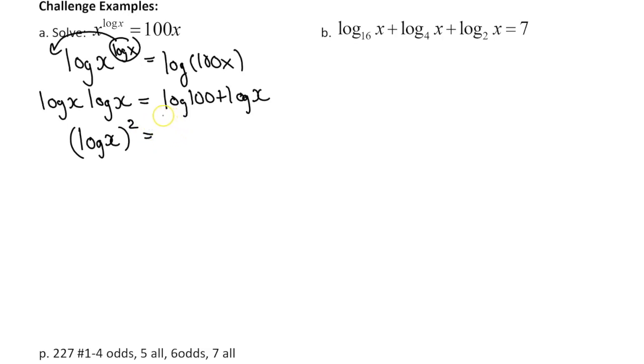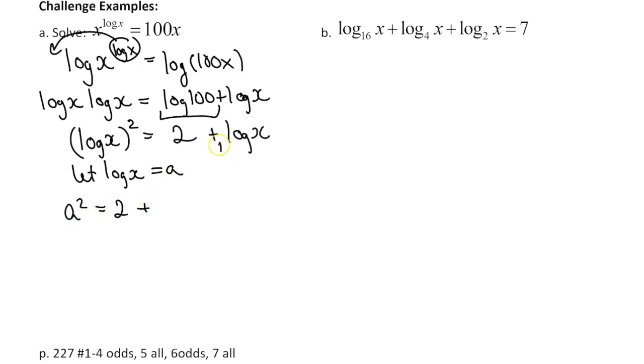And it would equal log 100, which I'm just going to say is 2, plus log x. But now instead of saying log x, I'm going to say let log x equal a. And you could say something like this. a squared equals 2 plus a, because that's log x again. And now you have a trinomial that you can factor. So let's bring everything onto the left side.